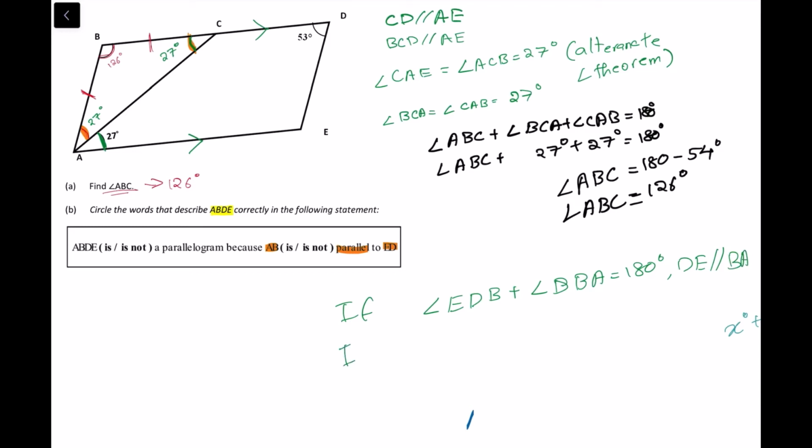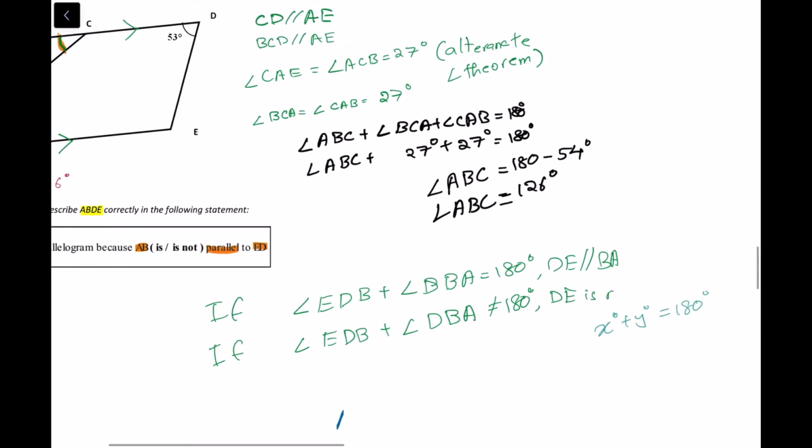But if angle EDB plus angle DBA is not equal to 180 degrees, then DE is not parallel to BA. So that's what we have to check for.